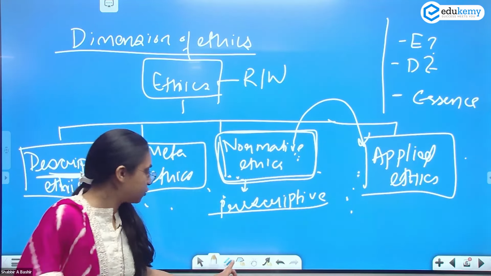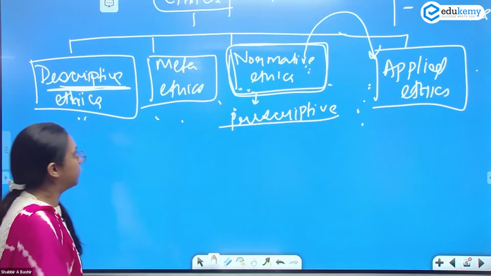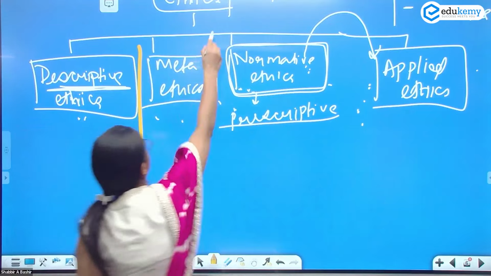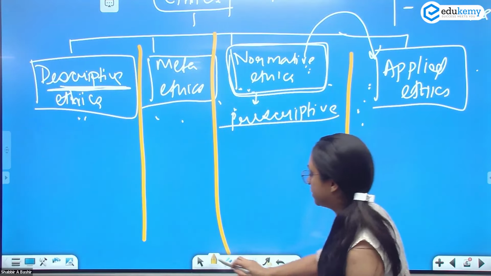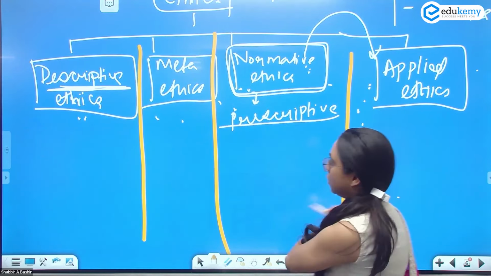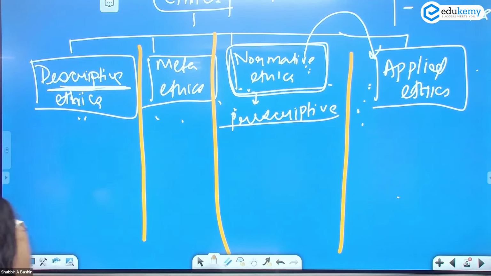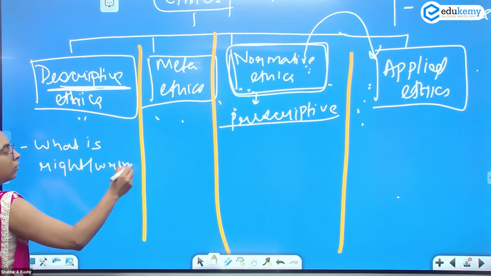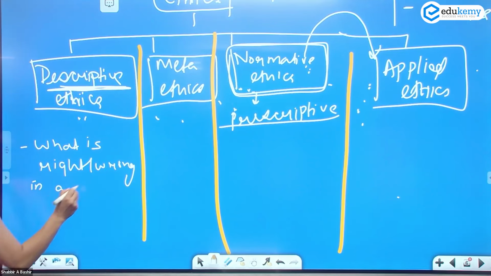If I actually write like this, I'll just demarcate this. ठीक है. Descriptive ethics is about, you are just describing, you are just telling me what is right or wrong in a society.